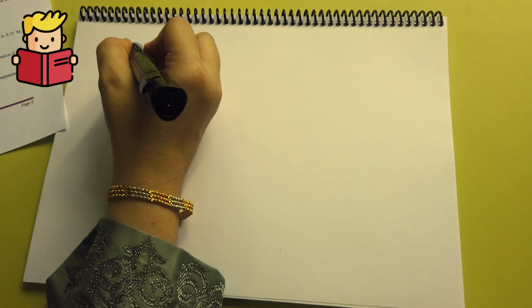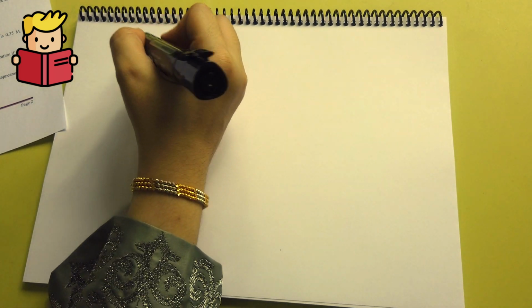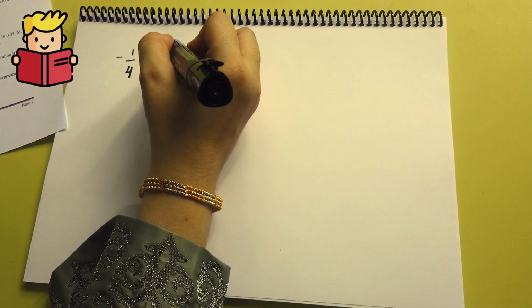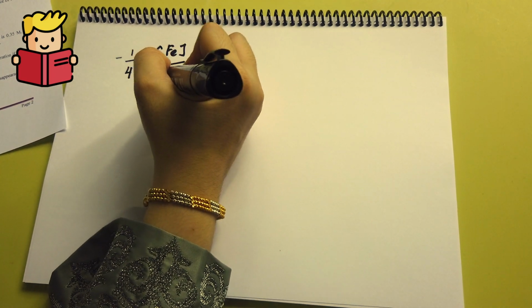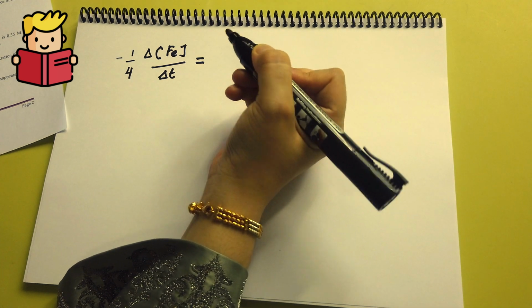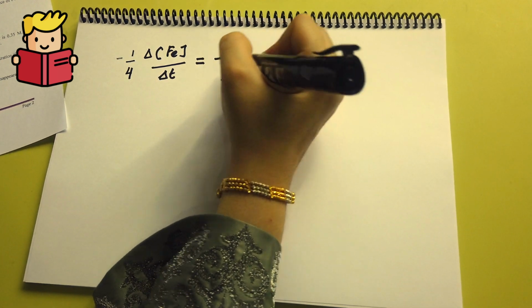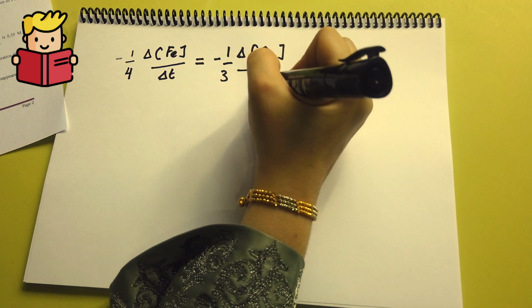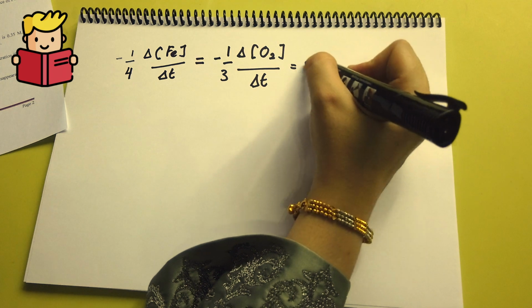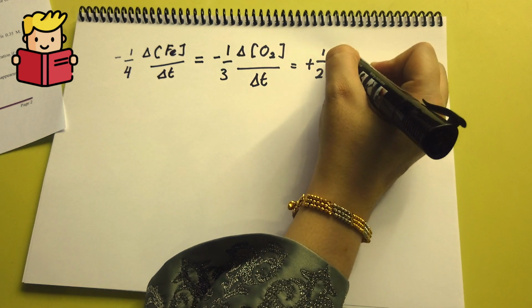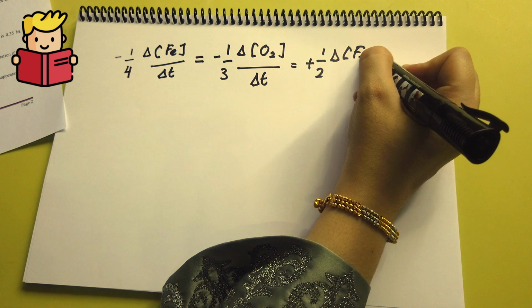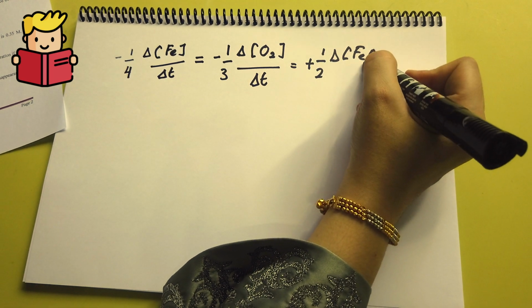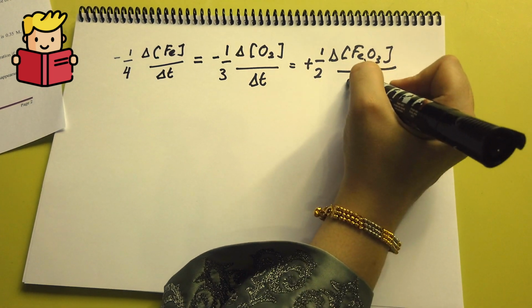So you can say that the rate expression for this is equivalent to negative 1 over 4 delta concentration of Fe over delta t, equivalent to negative 1 over 3 delta concentration of O2 over delta t, equivalent to positive 1 over 2 delta concentration of Fe2O3 over delta t.